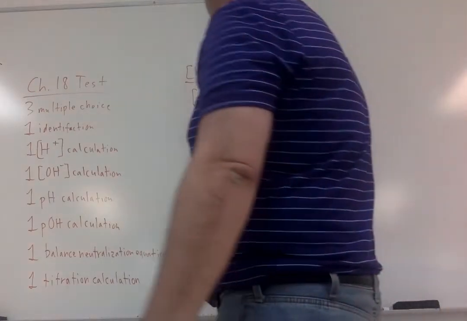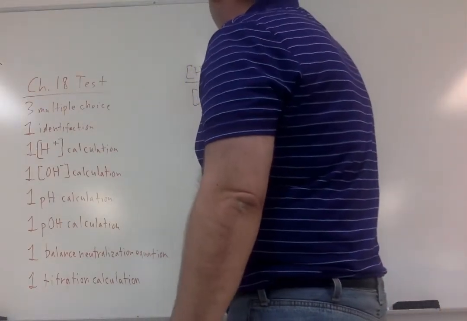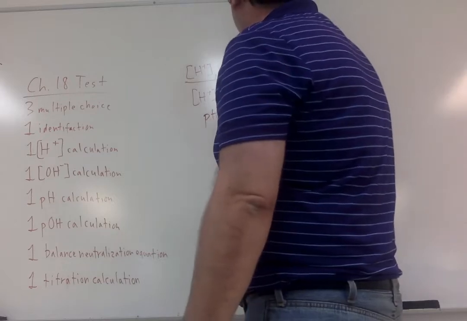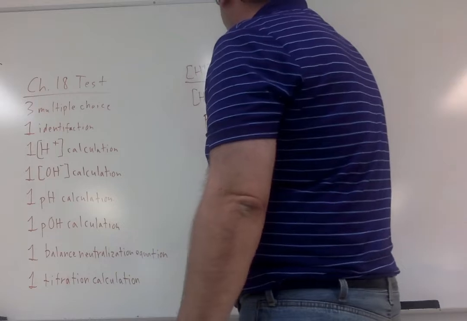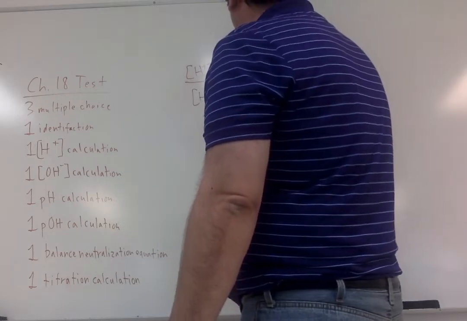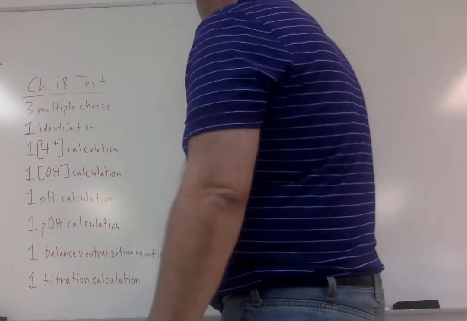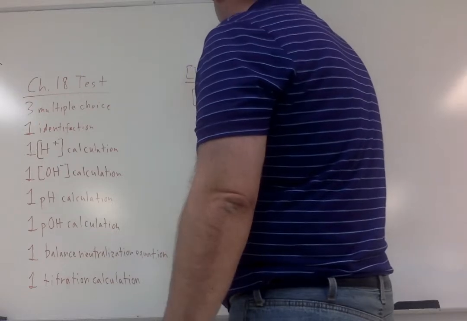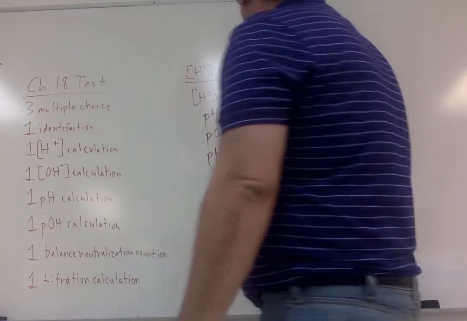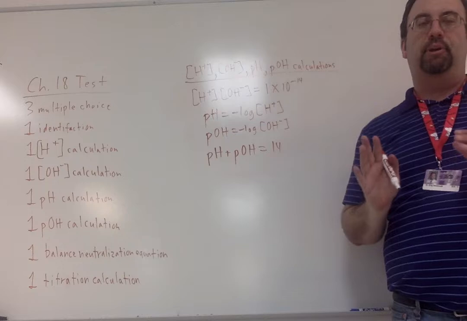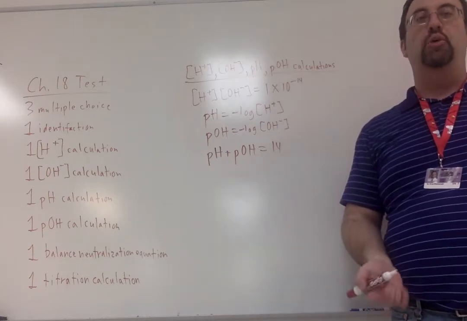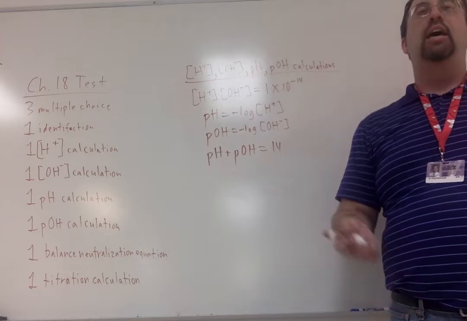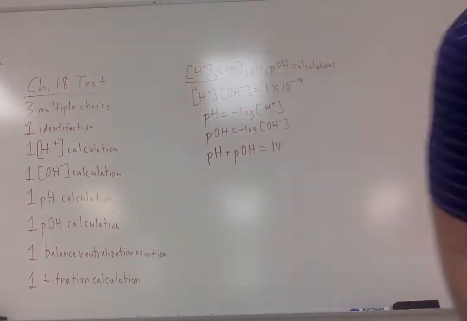Remember also that pH is equal to the negative log of H plus. POH is equal to the negative log of OH minus. And that pH plus POH is 14. So notice these are some equations that can be helpful in solving these types of problems. And so let us now look to see an example of these problems.